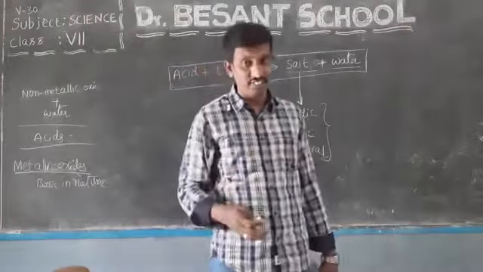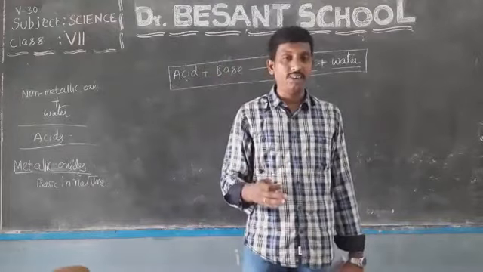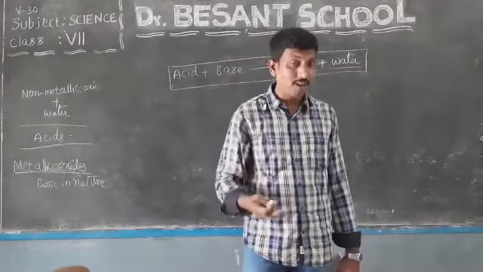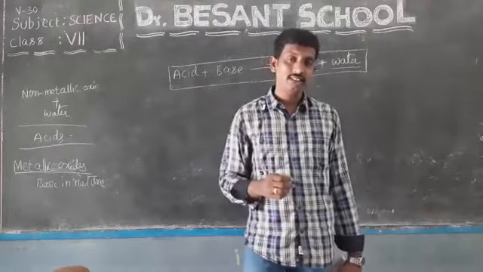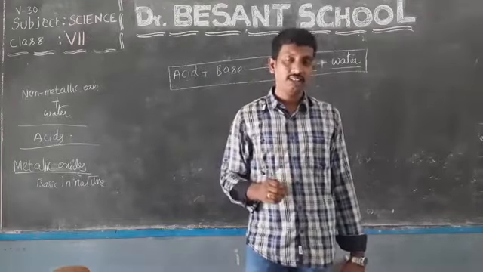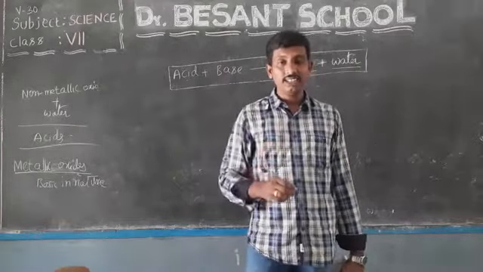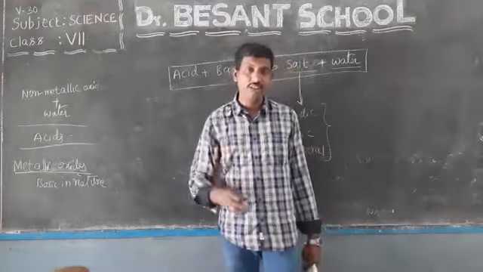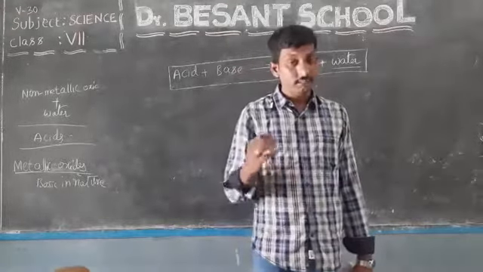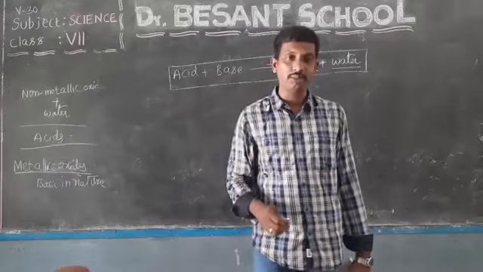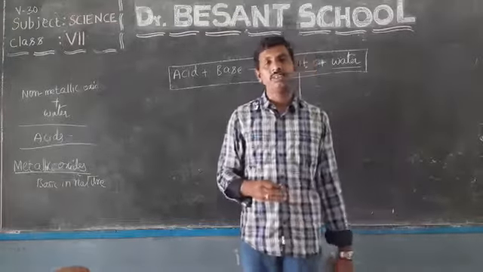We learned about copper sulfate, sodium carbonate, washing soda, sodium bicarbonate, baking soda, magnesium sulfate heptahydrate, MgSO4.7H2O, that is Epsom salt, and KCl and MgCl2, potassium chloride and magnesium chloride. These are the various types of salts.